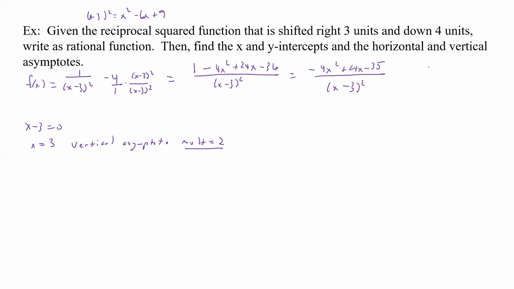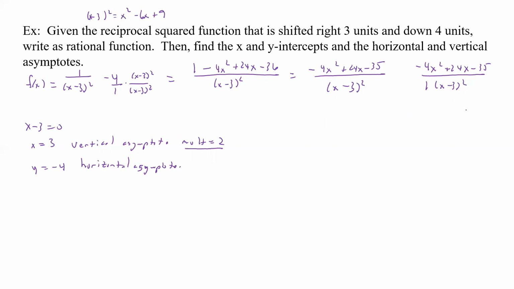Really, this is negative 4x squared plus 24x minus 35 over 1 times (x minus 3) squared, because there's an assumed 1. So we get y equals negative 4, and that's going to be our horizontal asymptote.